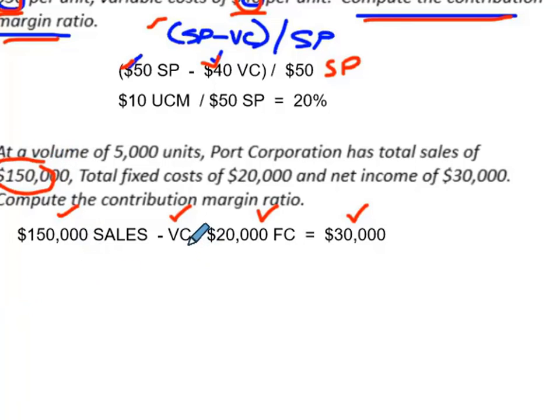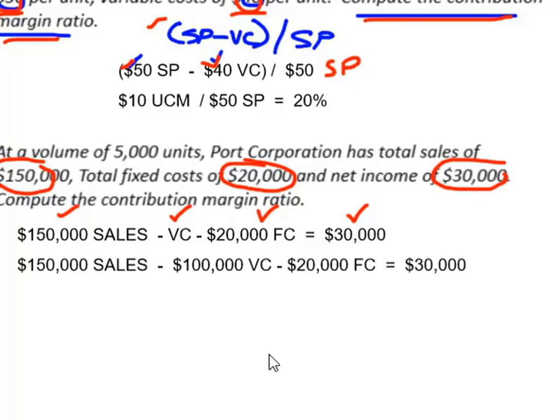I don't know what my variable costs are because I'm not told that in the problem, so I'm going to leave that as a variable. And I have $20,000 of fixed costs, and I do know I have a net income of $30,000. So now I've completed the formula. Now I have to solve for X, which happens to be my variable costs.